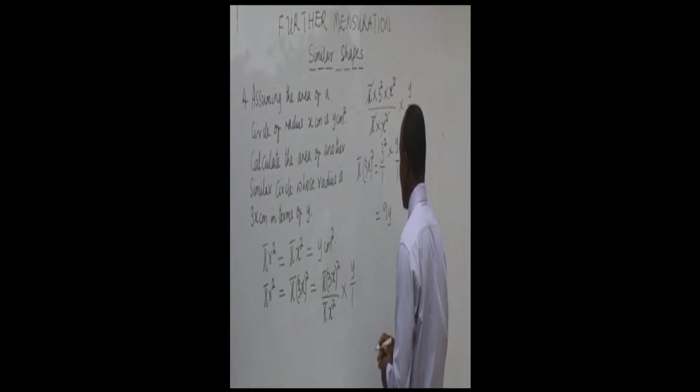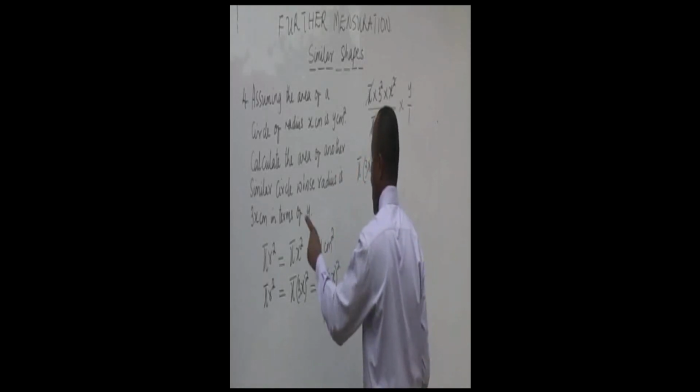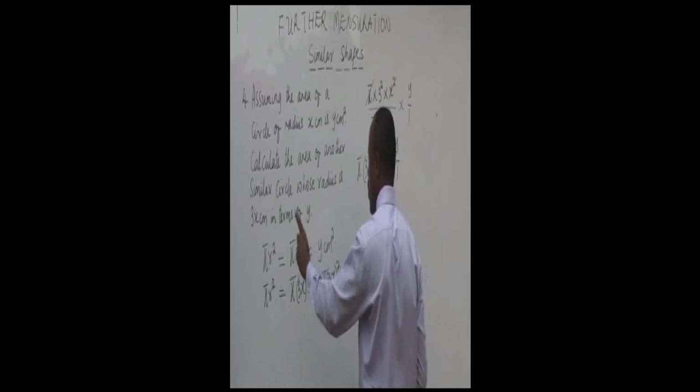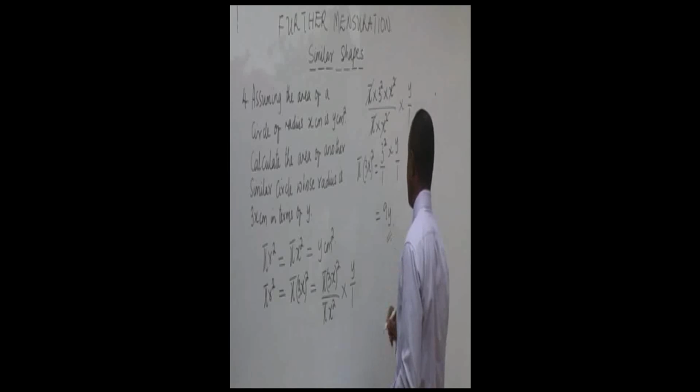That means in terms of y, the area of that similar circle whose radius is 3x is 9y.